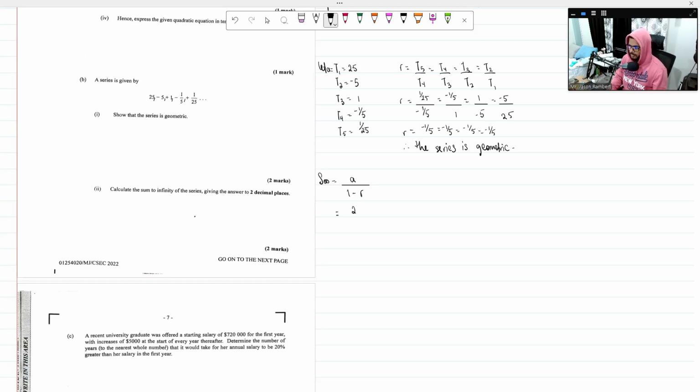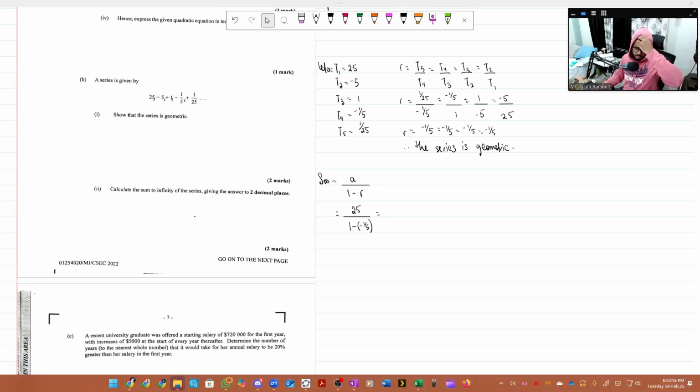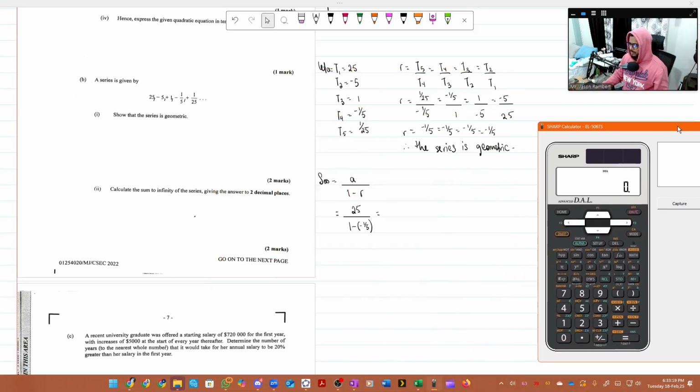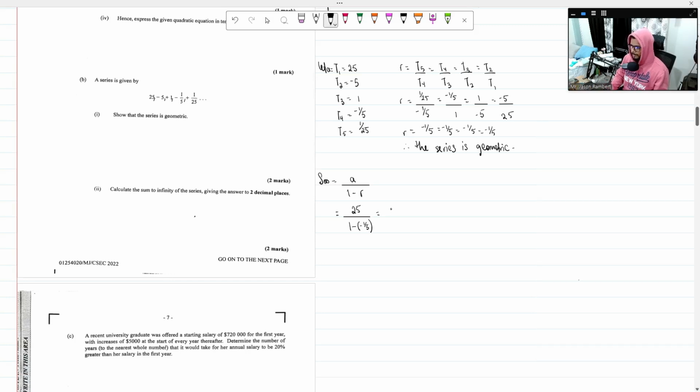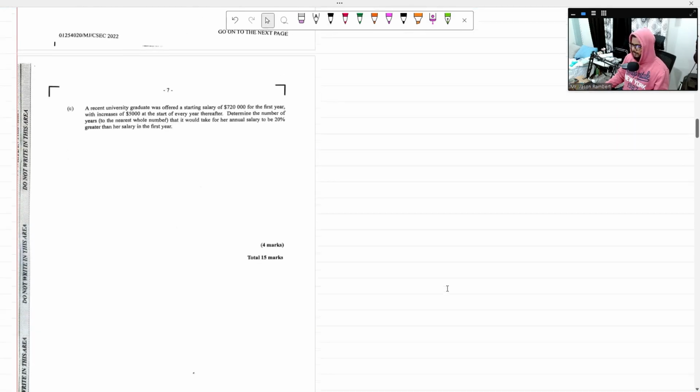So I'll get 25 over 1 minus -1/5, which is equal to, I'll pull up my calculator here. 1 plus 1/5, 25 divided by that. I get 20 and 5/6, and I want it to two decimal places. 20.83 to two decimal places. All right, so that's it so far.